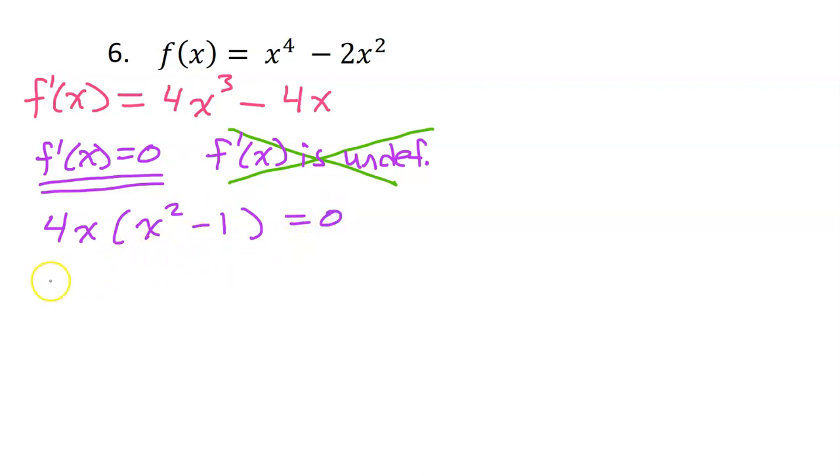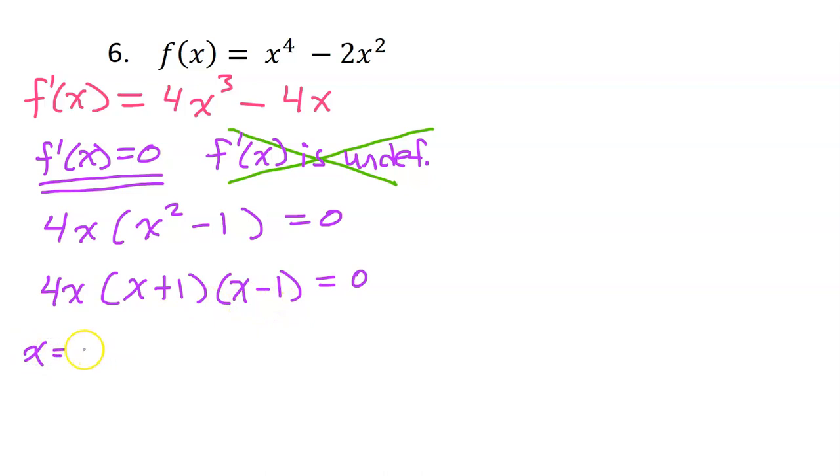This can be factored more, the difference of two squares, so x plus 1 times x minus 1 is equal to 0. Setting each of these factors equal to 0, I get the following three critical values. x is equal to 0, x is equal to -1, and x is equal to +1.